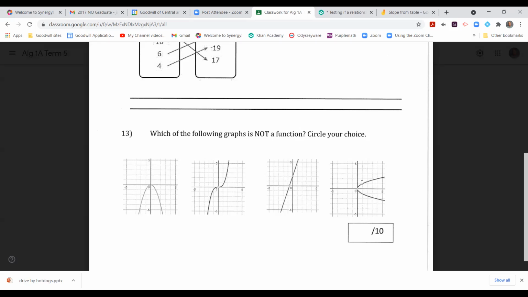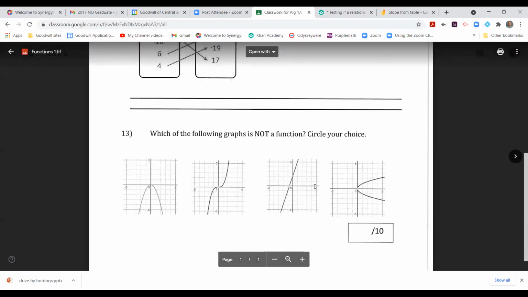I got this point, 1, 1, and this point, 1, -1. Follow that line out here: 1, 2, 3, 4. Same thing, 4, 2 and 4, -2. Any place that you cut through that graph line more than once, it is not a function. That's the vertical line test.